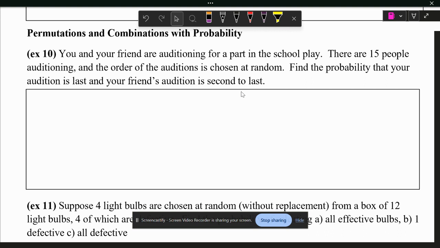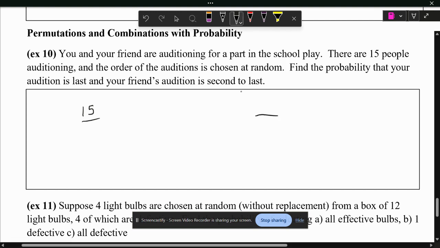Okay, so there are 15 people auditioning. So that means that there are 15 people to start. The order of the audition is chosen at random. So once one person is selected, they're not selected anymore. Find the probability that yours is last and your friend's audition is second to last. So you know that your friend has to be here.